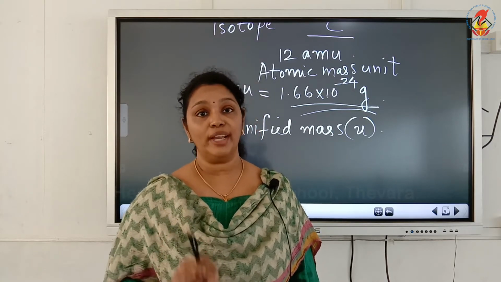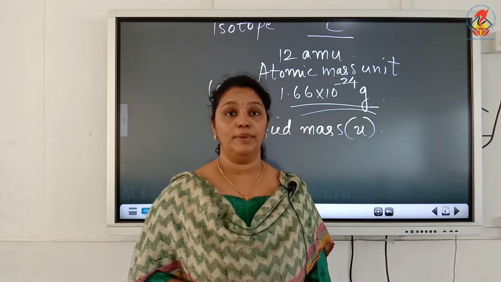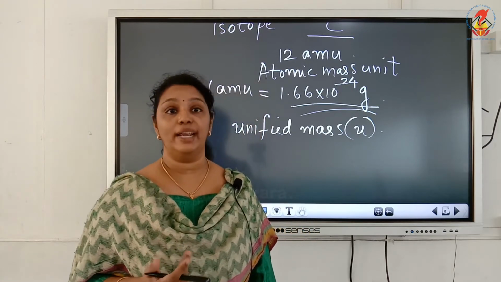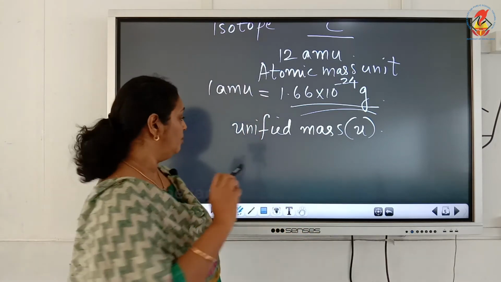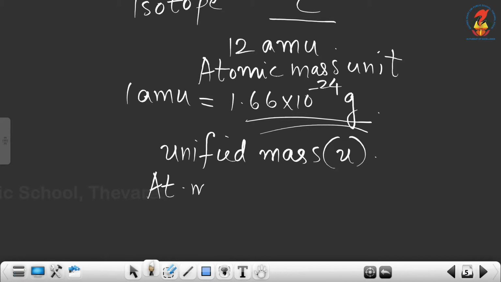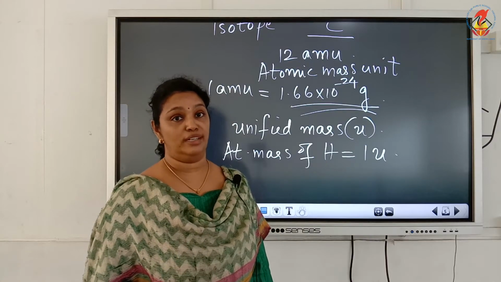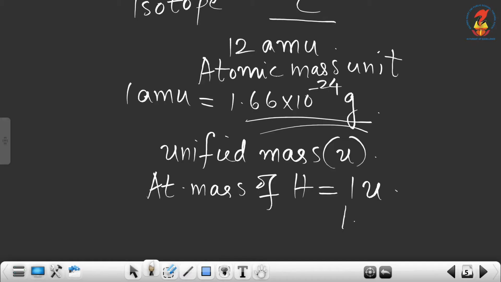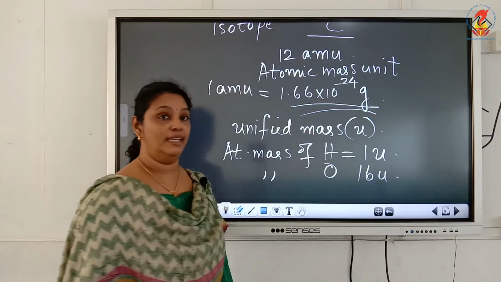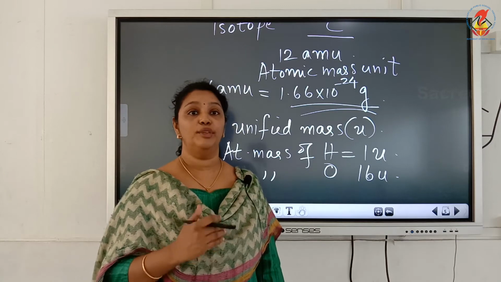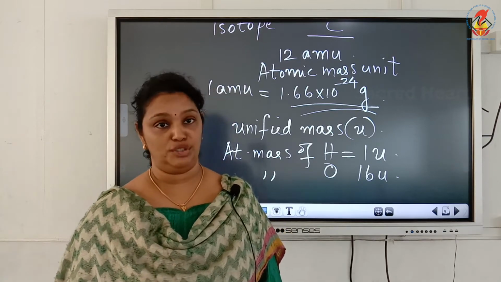We have unified mass u. For example, the atomic mass of hydrogen is 1 u. Then the atomic mass of oxygen is 16 u. So now we have unified mass instead of atomic mass unit.